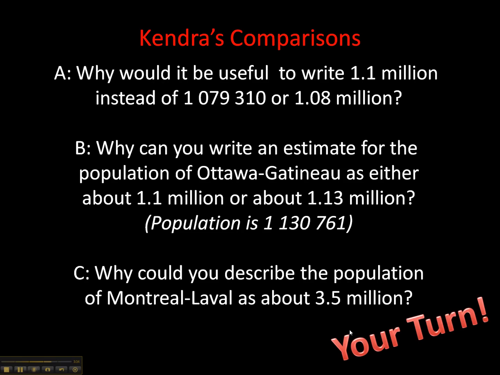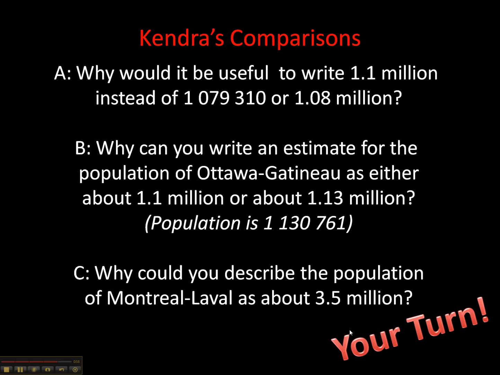Here's the 3 questions I'd like you to answer. Question A, why would it be useful to write 1.1 million instead of 1,079,310 or 1.08 million? Tell me why we would choose 1.1 million in the case of Calgary, for instance. B, why can you write an estimate for the population of Ottawa-Gatineau as either about 1.1 million or about 1.13 million?